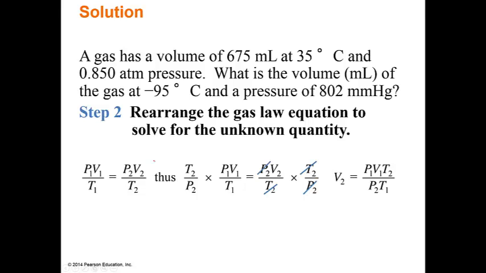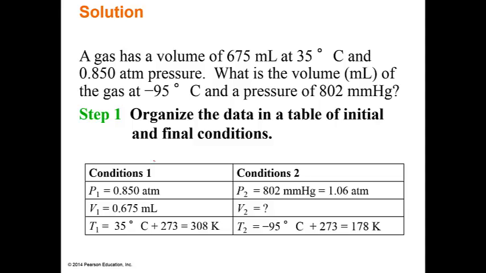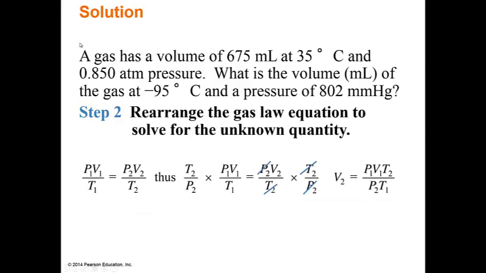So volume 2 is basically what we want to get alone. So how can we get it alone? Well, if we divide by V2, bring that down there, oh, hey, we don't want to divide by V2. I apologize. I forgot what we were looking for, so let's just erase that.